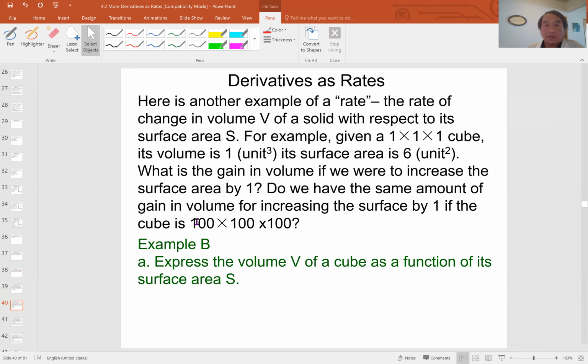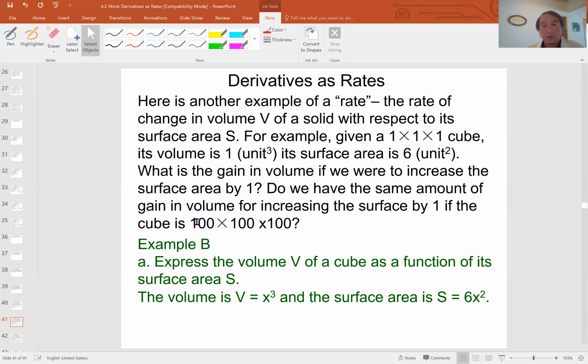So what's volume? The volume of a cube is x cubed, and the surface is 6 times x squared, where x is the side of the cube. I'm now going to relate the volume and surface directly, bypassing the x's.